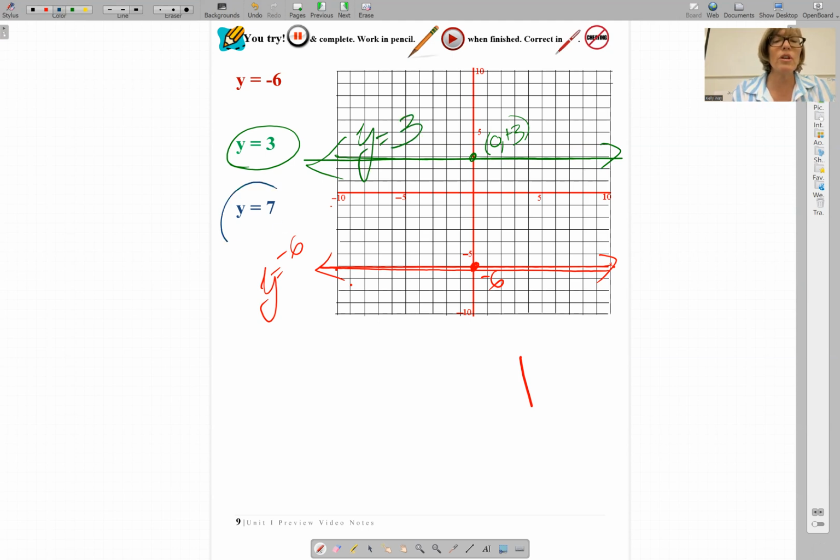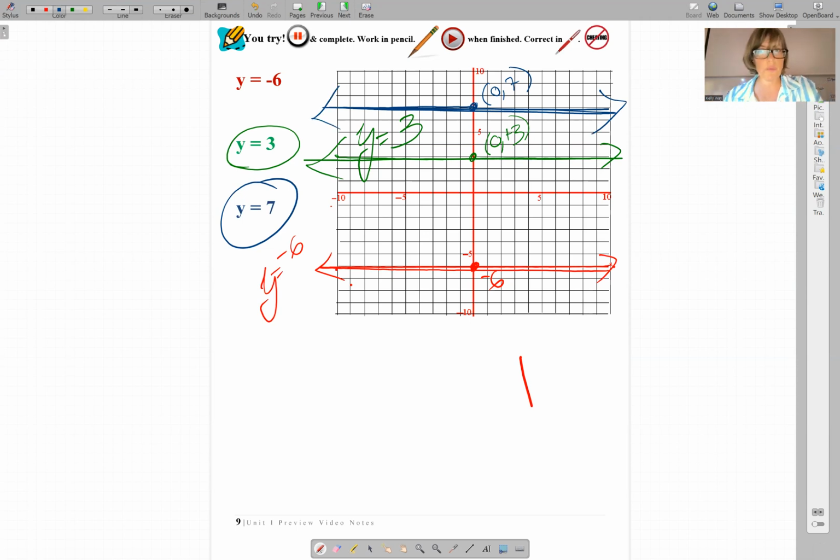Y equals 7. Right there. It's going to be (0, 7). That's the intercept, but the line is all the points where y is 7. So there's your 3 horizontal lines. Of course, the slope for all of them is 0. Slope is 0 for horizontal lines.